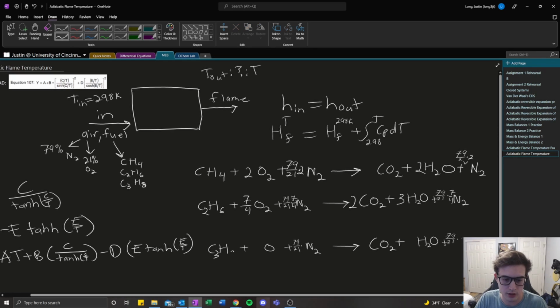Alright, C3H8, and then that's an O2. We now have 8 hydrogens, so we need 4 down here, and then we have 3 here. I feel like I'm messing up the stoichiometry here. So we have 6, 10, so we have 5 oxygens here, and we just need to multiply by 5 on both of these ends. And so we have our balanced stoichiometry, we have our ChemCAD equation for the integral here.